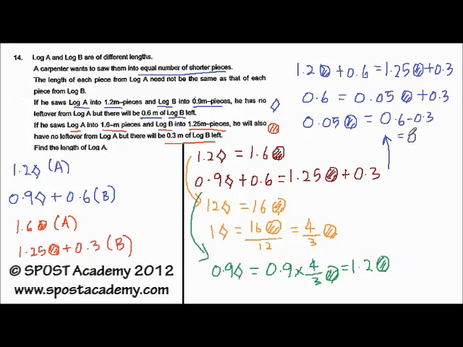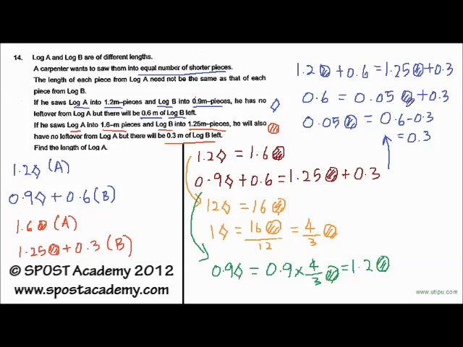Now why is that so? Because 1.25 circle plus 0.3 is equivalent to 1.2 circle plus 0.6. That is to say that when I use 1.25 circle minus 1.2 circle, I get an amount of 0.05 circle. And when 0.05 circle plus 0.3, then I get 0.6.